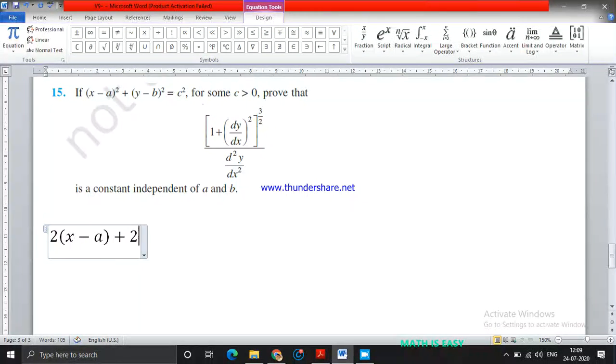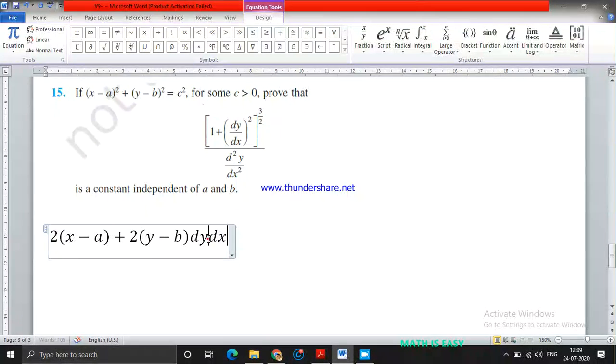Plus 2 into y minus b. Why am I putting 2? This is theta square, that is 2 into theta, and the derivative of theta will come, right? 2 into y minus b, and the derivative of y minus b, the derivative of y is dy by dx.